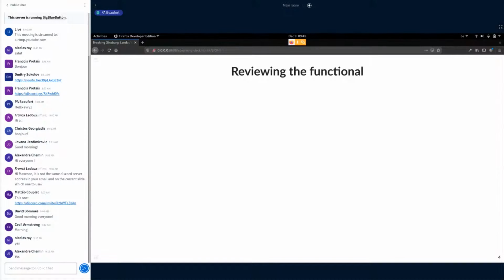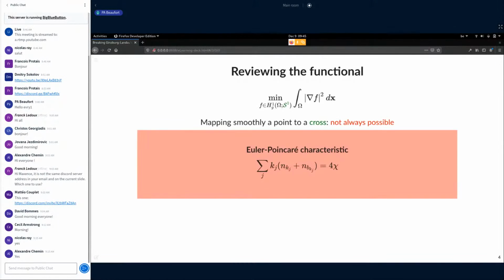Okay, so let's review quickly the functional. I guess that in the next talk we will also have a review of this functional, so I'm not going to spend a lot of time on it. Basically, the Ginzburg-Landau functional is about minimizing the Dirichlet energy of the mapping corresponding to a cross. But if you enforce the constraint at every point of your domain, it's not going to work well because of the topological constraints related to the Euler-Poincaré characteristic.